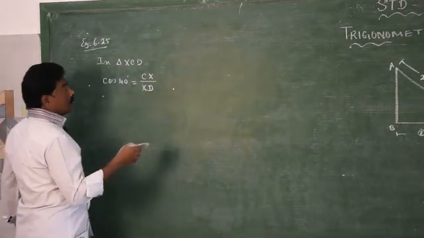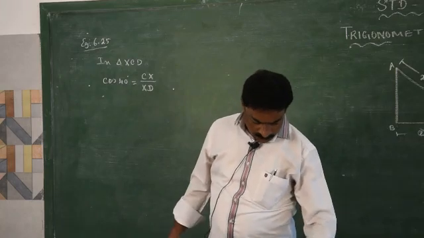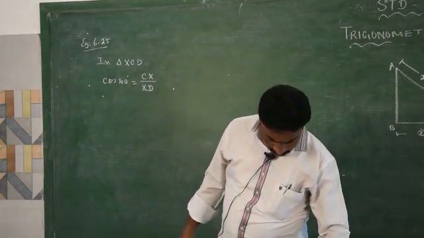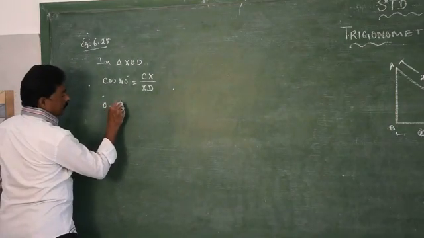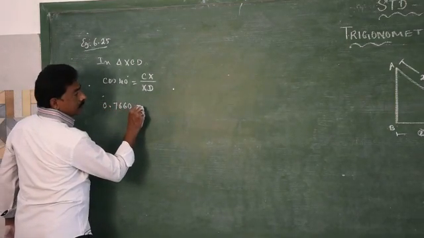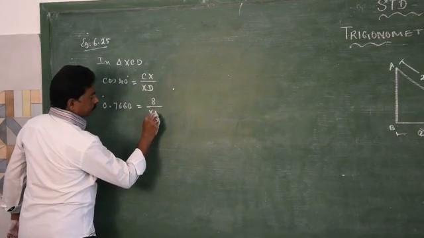Cos 40 value is given in the book. Cos 40 is 0.7660. CX is 8 by XD, that is what you have to find.